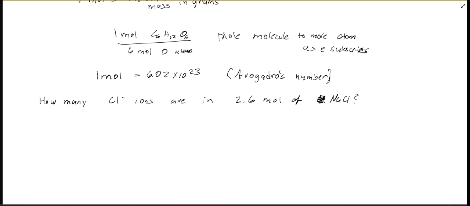So I start with my 2.6 moles of sodium chloride, and I need to get to the number of chloride ions. Whenever it says how many, that's going to be a number, and that's going to use Avogadro's number, and the symbol for that is N_A. N_A is Avogadro's number.